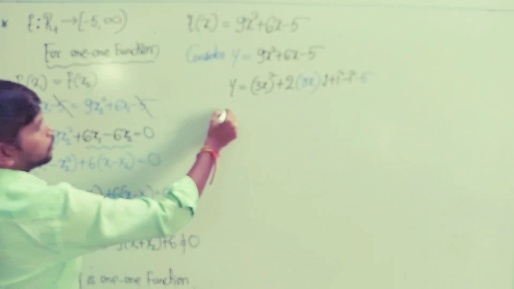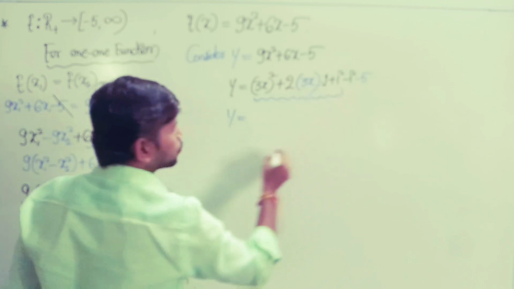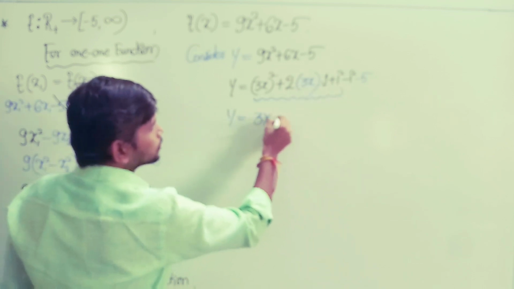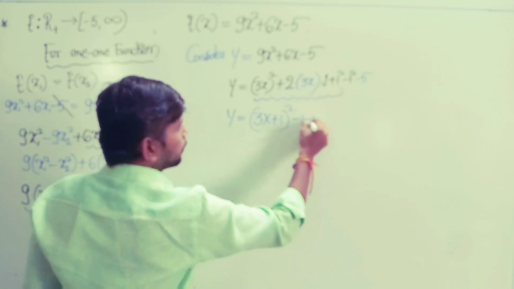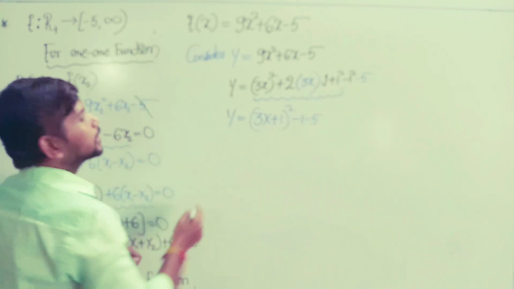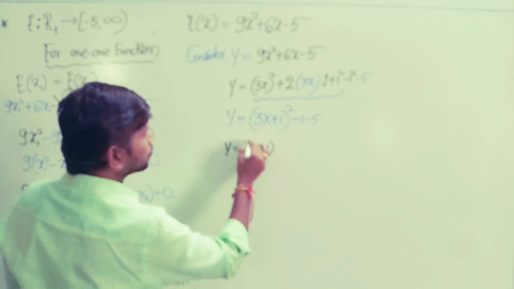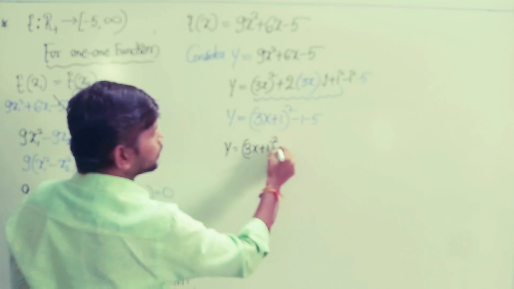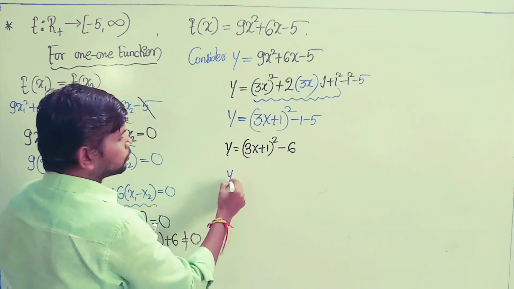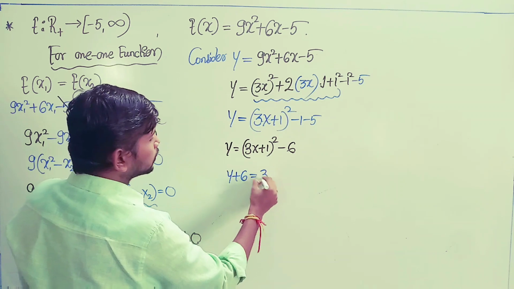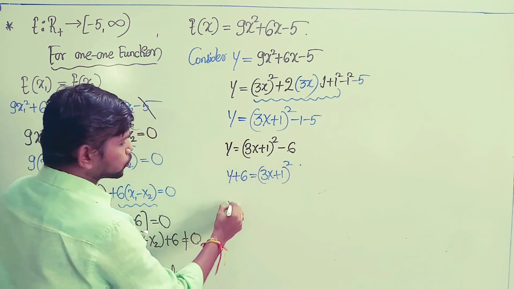Okay. It will be y as it is. What is a square plus 2ab plus b square? It will be 3x plus 1 whole square. Here minus 1 minus 5. Okay now. After this, y is equal to 3x plus 1 whole square, minus 1 minus 5 will be minus 6. Minus 6 on the left hand side, it will be y plus 6 is equal to 3x plus 1 whole square. Square will become square root.